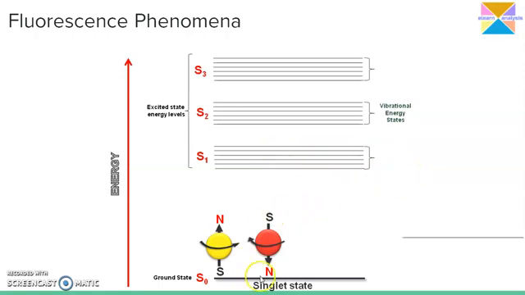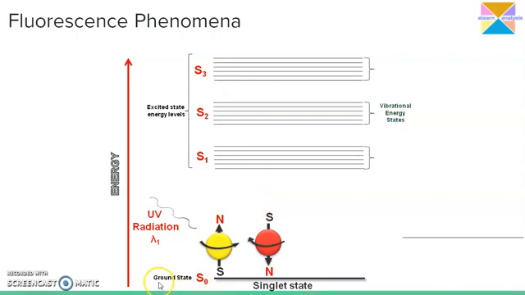As I have mentioned, the electrons in the singlet state are paired, and they are diamagnetic in nature. So when one or both of these electrons take up the electromagnetic radiation in the form of visible radiation, they try to shift to the higher energy levels.